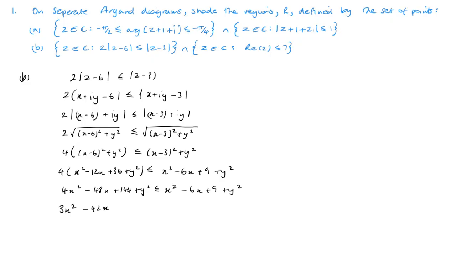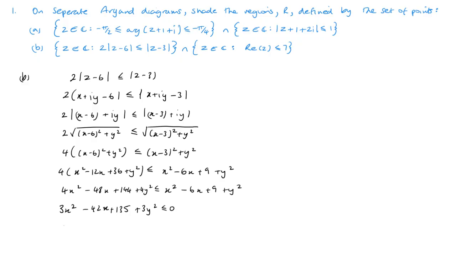Now 144, I'm taking away 9, so that's plus 135, and obviously I'm taking away, forgot that, 4y squared there, 3y squared.